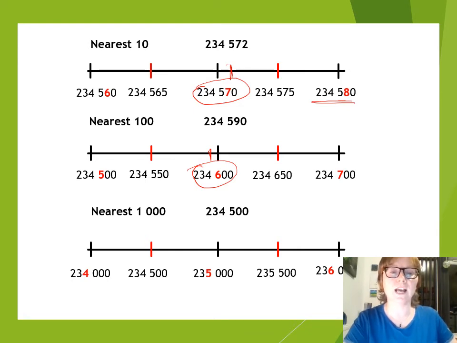And then if we look at the last one, rounding to the nearest multiple of 1,000, we have 234,500. Now we can see that this is already marked on our number line, and when it's in the middle between two multiples, the rule is always the same, and that's that we round up.